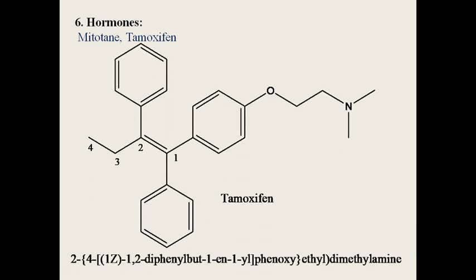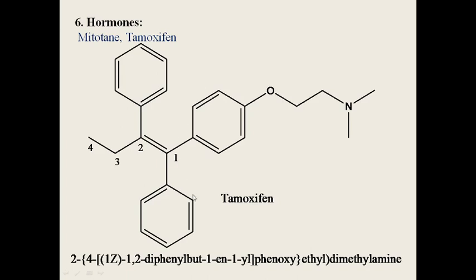And next is tamoxifen. Just to look at the last part of its name, it is a dimethylamine, or you can call it ethyl dimethylamine. This is ethyl dimethylamine, and of this ethyl dimethylamine, at position number 2, you can see this position number 1 and this position number 2.